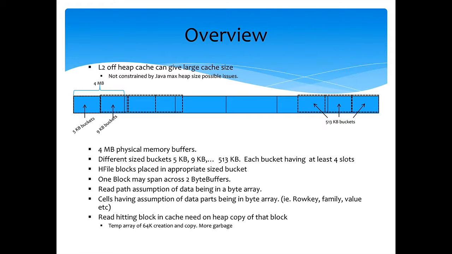The return type is byte array. So there is an assumption of that sort. Because of these mainly two or three points, we had to copy the off-heap block, the block in the off-heap cache, to on-heap whenever the reader hits that particular block.